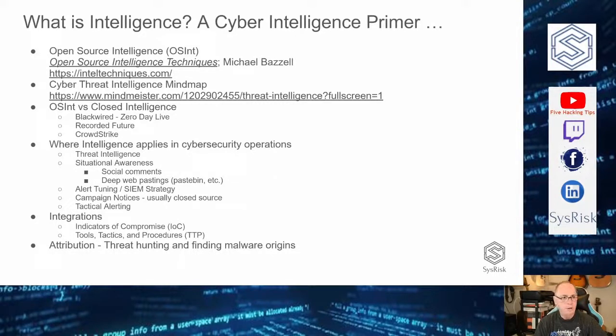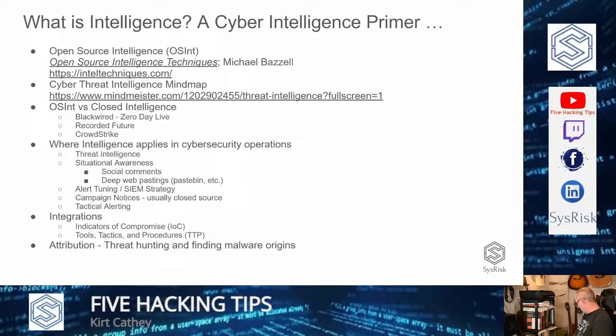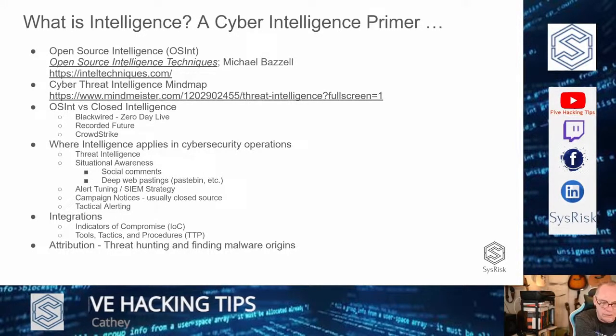But one source that I would recommend if you really want to get into open source intelligence is a book I actually bought for myself. So the book disappeared, but it's written right here.